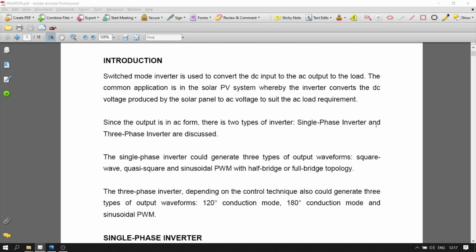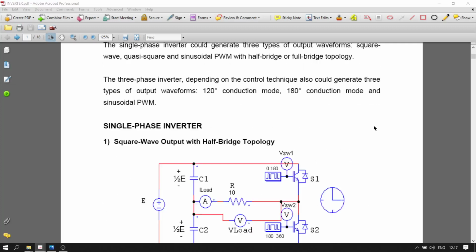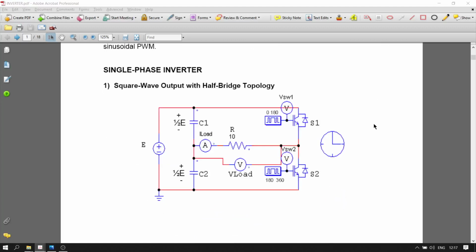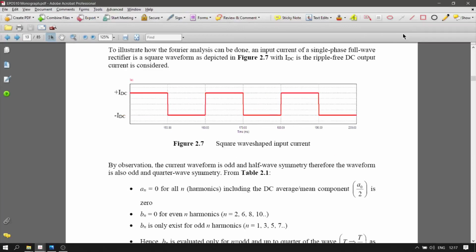So for the first type, the single phase inverter, we have a square wave output, whereby the output is in terms of a square wave. So a square wave is again an AC waveform. We have looked at the derivation of the harmonic contents of a square waveform.